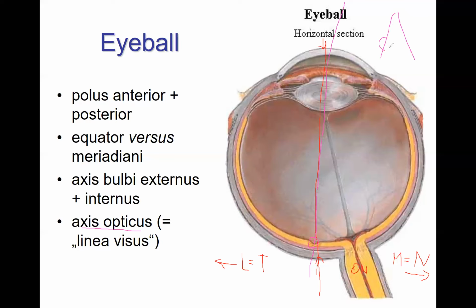Yeah, if we have two eyeballs like this, and we have an object here, for example, a rampart of a castle, then the axis converges towards the objects, and that's why we can see the object from two views. That means we have 3D vision. Yeah. So the axes converge. The axis of optic nerve, they diverge ventrally.